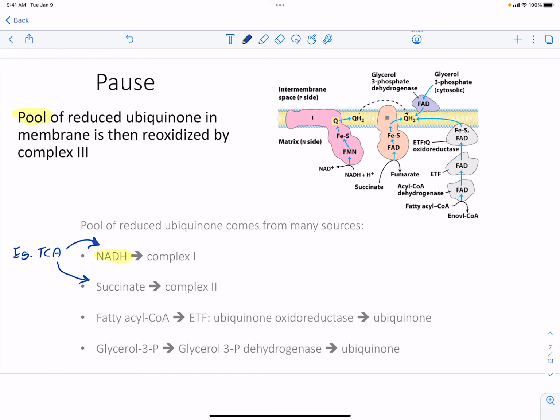You also have fatty acyl-CoA, so this is going to be oxidation of fatty acid. And you also have your glycerol 3-phosphate, which is through glycolysis. And then these are all going to donate electrons to the electron transport chain and reduce ubiquinone.